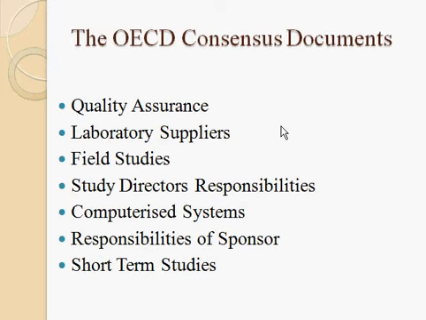There are a number of consensus documents available as far as OECD is concerned. There are documents like quality assurance, laboratory supplies, field studies, study directors' responsibilities, computerized systems, responsibilities of sponsors, and conducting short-term studies. So these documents you are supposed to follow in your facility.